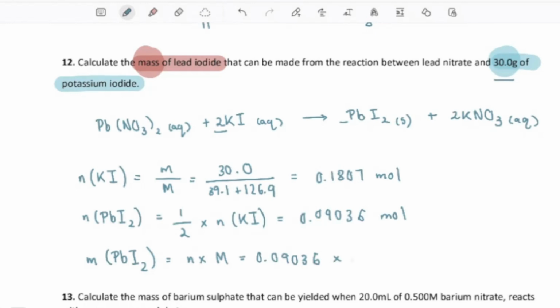You should get 461. And your total mass should be 41.7 grams. This isn't 3 sig figs because this is your final answer.